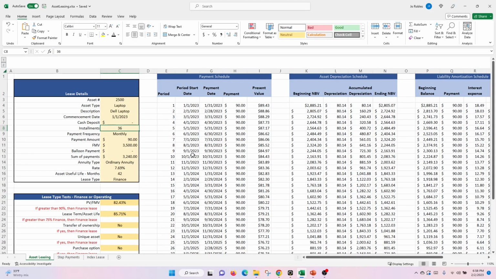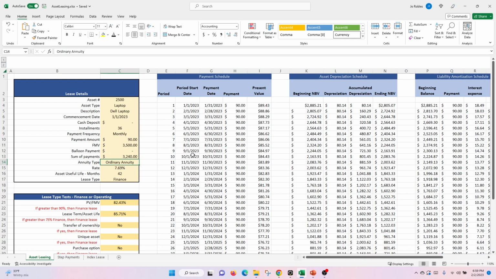The total installments we're going to make is 36 monthly payments. The payment amount is $90 a month, and the fair market value of the laptop is $3,500. Fair market value just means if we were to pay for the laptop in cash today, how much would we pay?